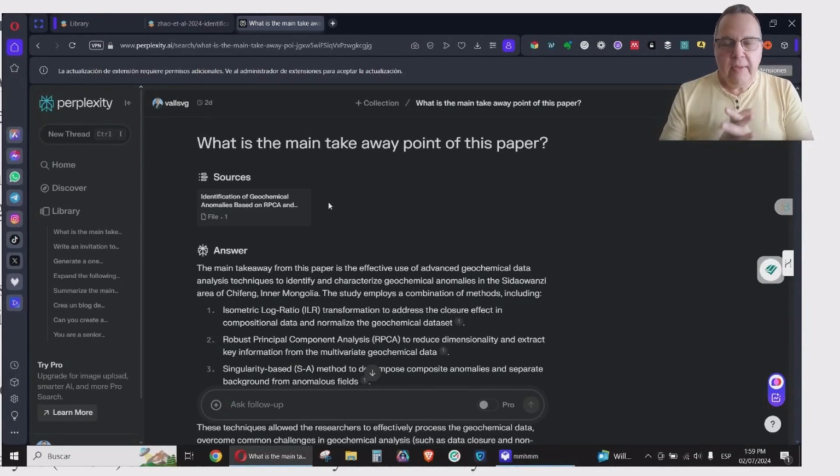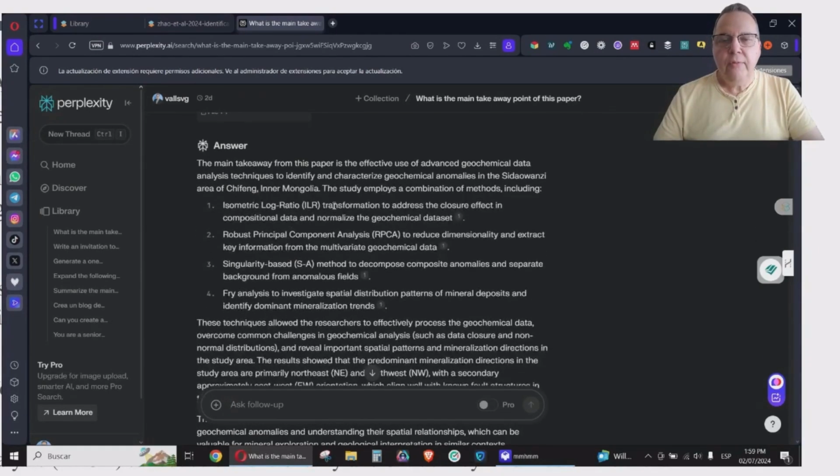For example, one thing that I find very useful in this paper, they use four statistical methods. Very important that they use compositional data analysis. So they have the ILR method, principal component analysis, but they also have other methods like the singularity based analysis or method, Fry analysis, etc., which are less common.